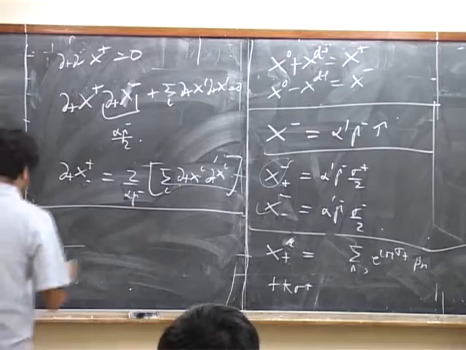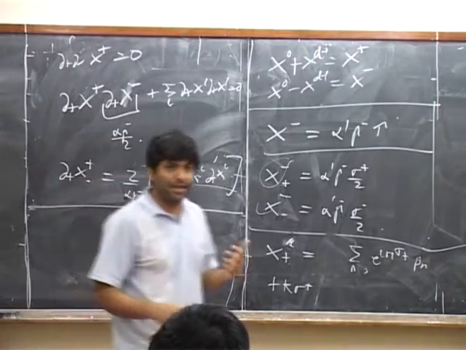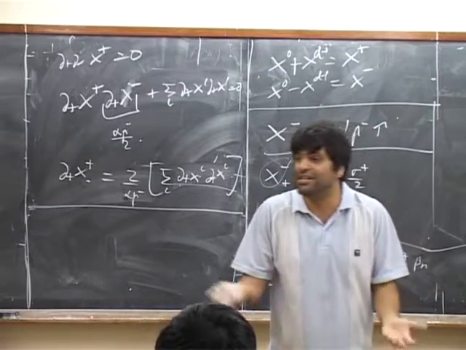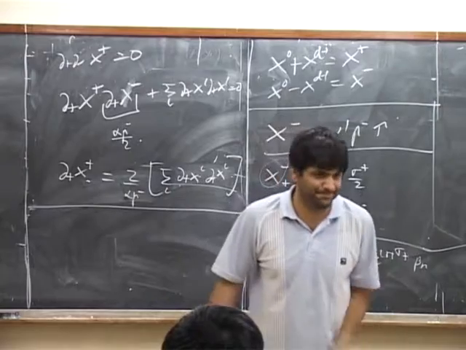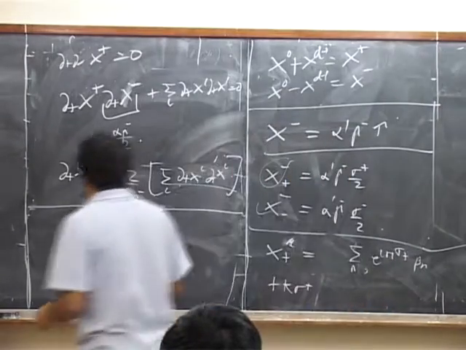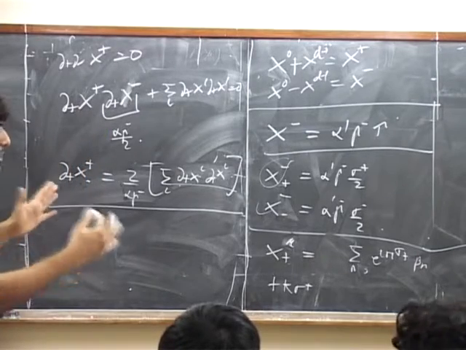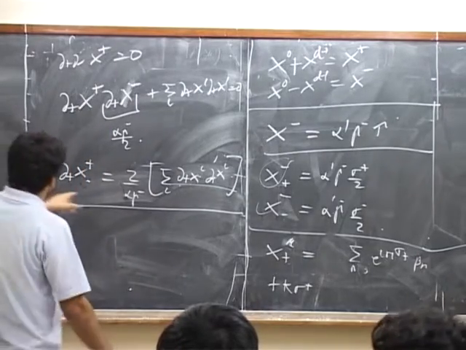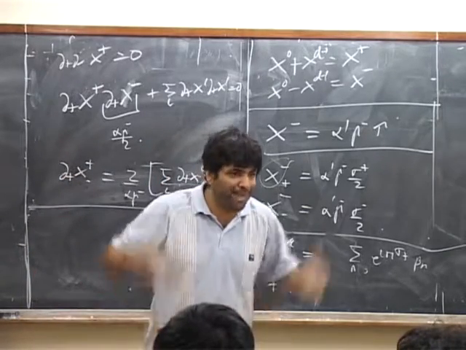Okay? If we were interested in writing down an efficient action, that action should just not have x plus and x minus in it. Maybe another way to say it is: take the action of the theory that we had and just plug in the gauge condition.